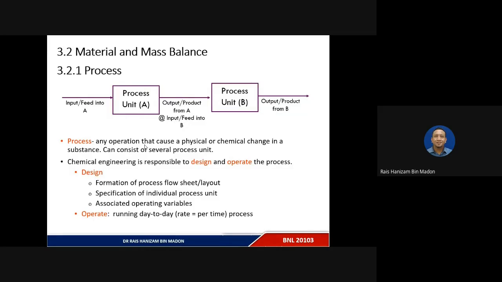In this figure, we have a process, which is any operation that causes physical or chemical changes in a substance. Chemical engineering makes it possible to design and operate the process: the design, formation of the process flow sheet layout, specification, and measuring operating variables for day-to-day running. This one is about rate, or per time, process.